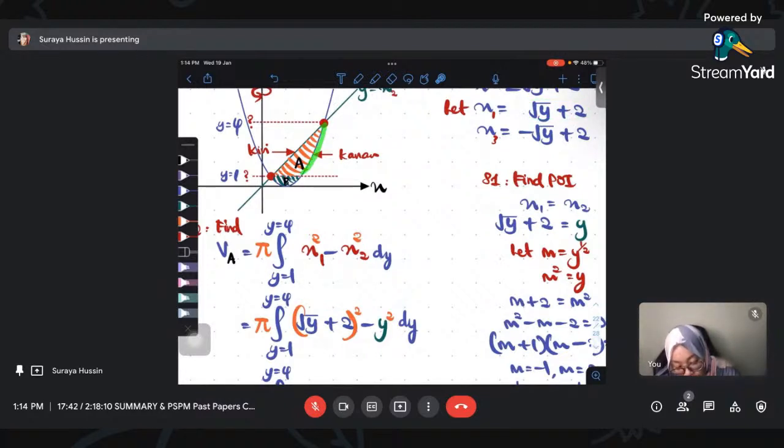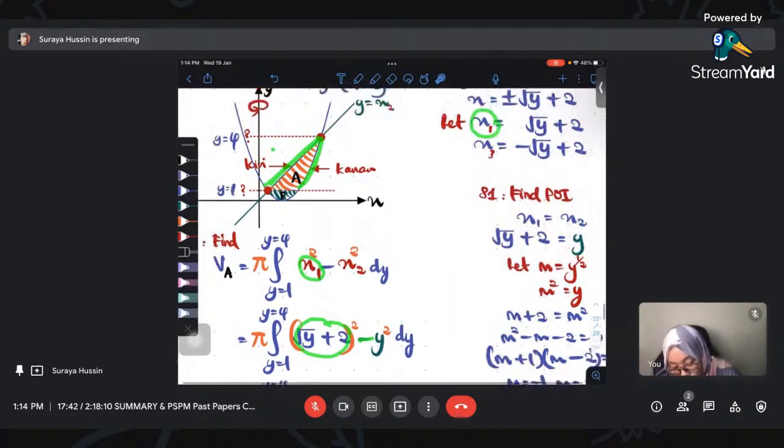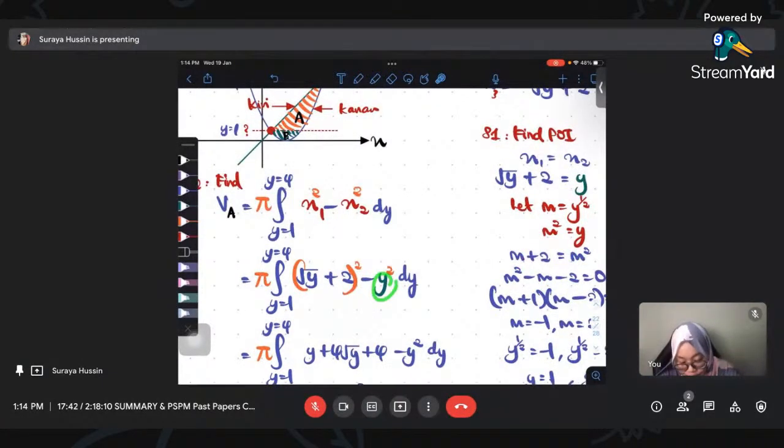So in this case, saya letkan dia sebagai x1. So this is my square root function yang positif lah. Tolakkan dengan linear. My linear is x2, which is y function. X2 function dan tukarkanlah dia dalam y. Okay, tukarkanlah dia dalam function linear.